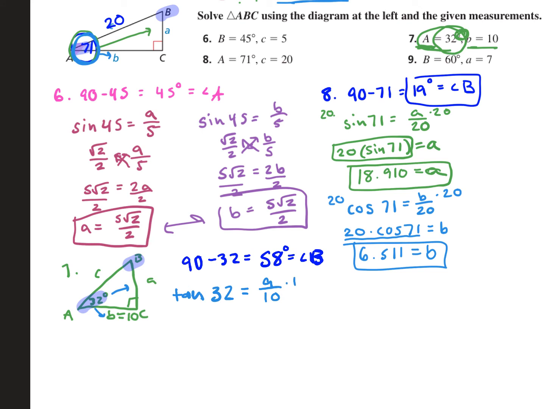So we multiply both sides by 10. So A is equal to 10 times tangent of 32. We just put this into our calculator. We get A is equal to 6.249.